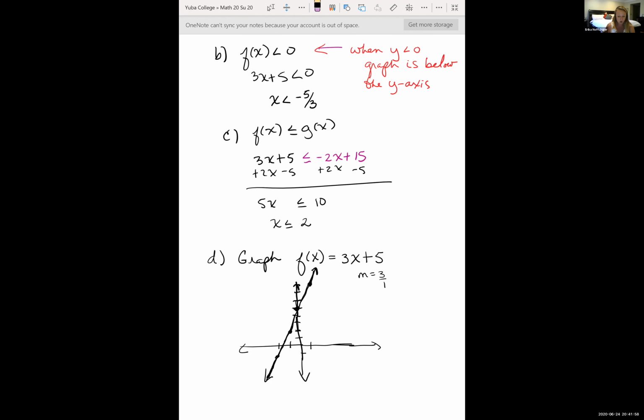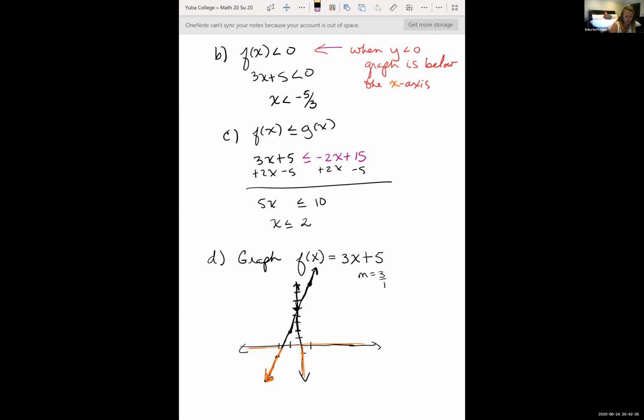So I'm looking at when is y less than 0? So when is that below? And it should say the x-axis. Your y values are negative when it's below here. And we found that to be when x was smaller than negative 5/3.